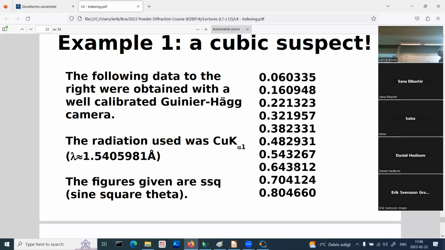I think this will turn out to be possible to fix. We need to remember that this was copper K alpha 1 radiation, then we will get a of 5.43 angstrom approximately. Silicon.